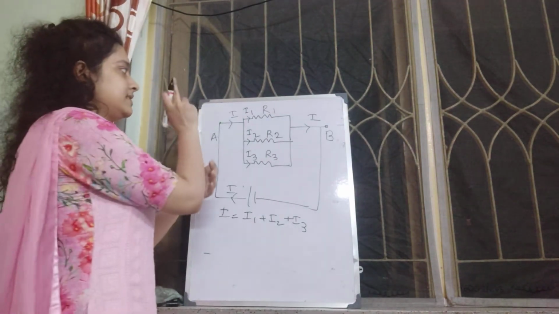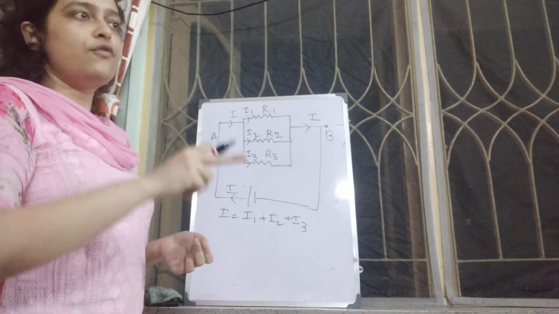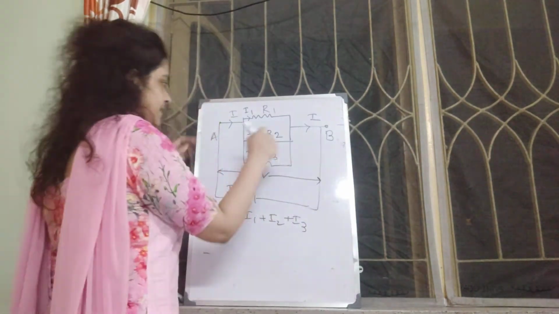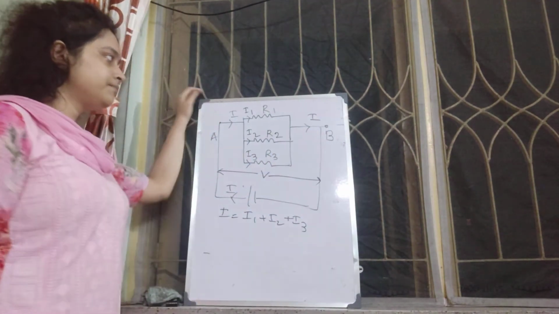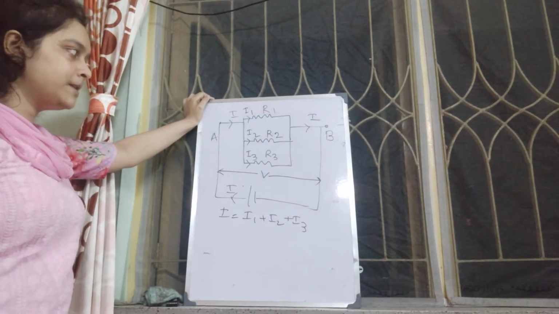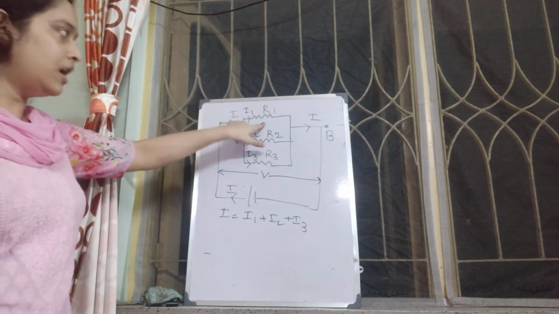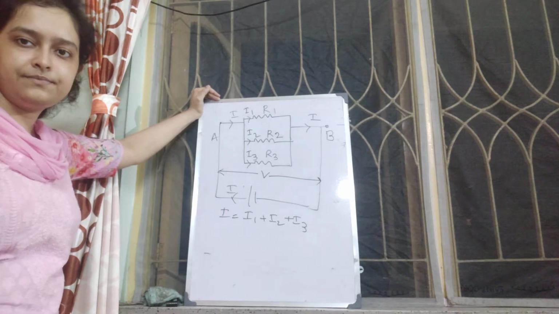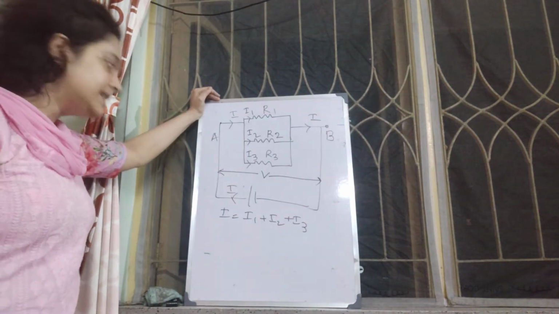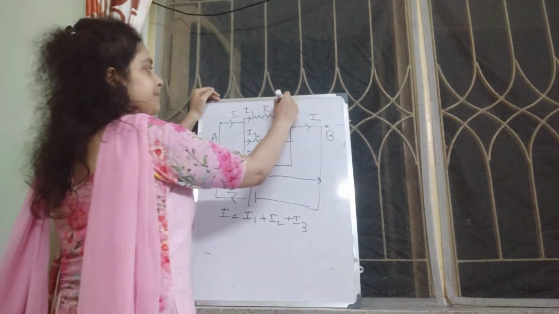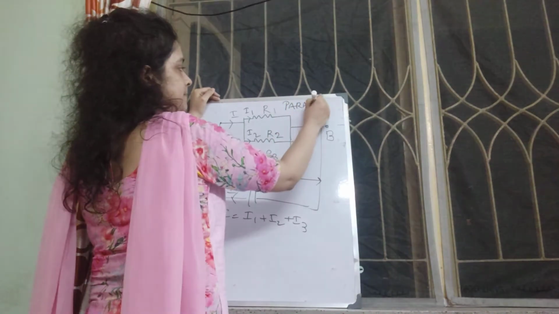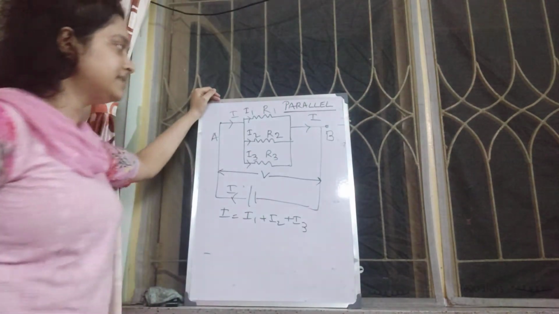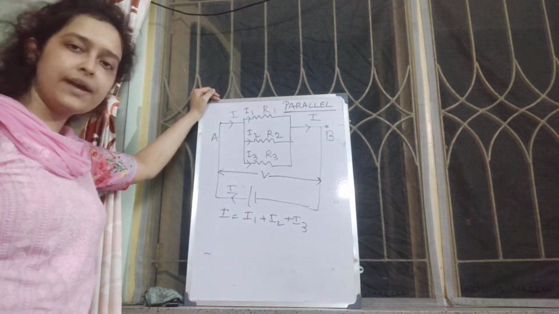In this case, there are multiple paths for the current to follow, but the potential difference across the 2 terminals AB remains the same. The potential difference across R1, R2, R3 is the same. Current different. So, this type of combination is known as parallel combination of resistances.